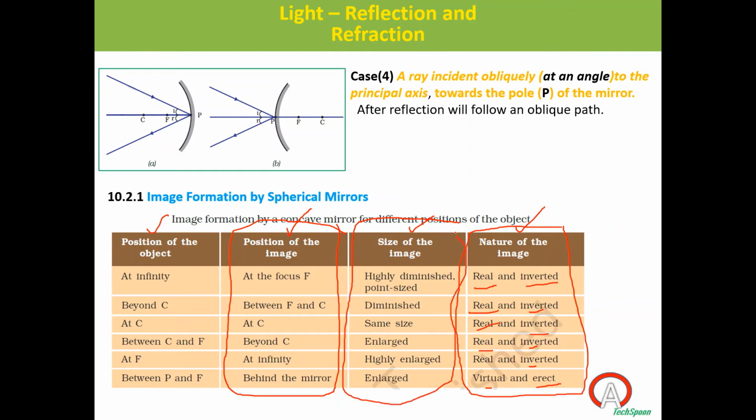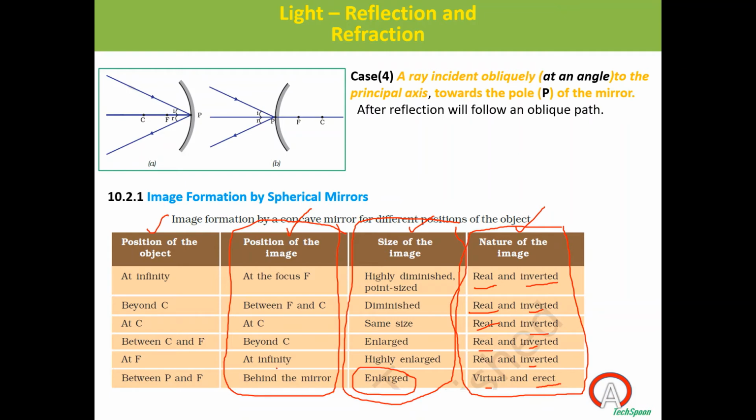Whether I will get highly diminished, point sized, or whether I will get a shorter, diminished image; same size, the image will be the same as the object; enlarged, image size is higher than the object; highly enlarged, that means image size is bigger. So this is the size of the image. Any doubts? Any doubts?